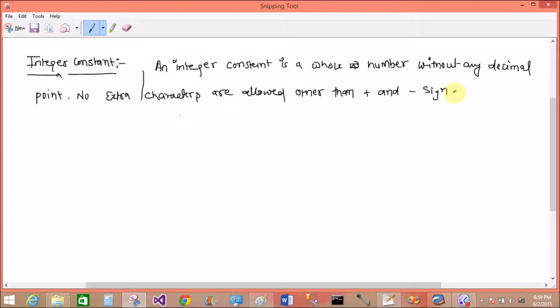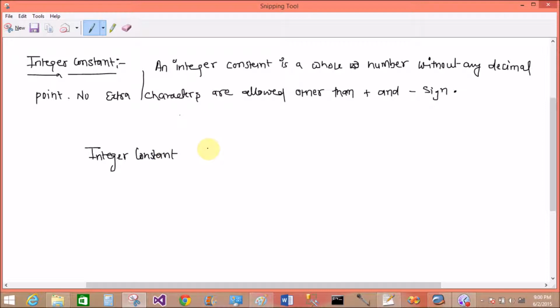Plus and minus signs are allowed in integer constants, like minus 12 or plus 15 are simple examples of integer constants, but no extra characters like the dollar sign are allowed.